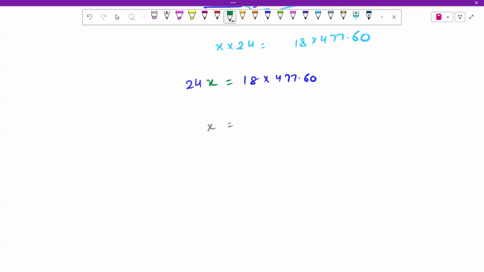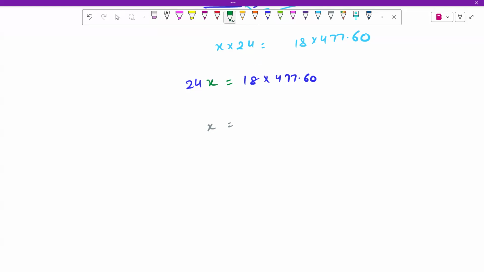So what should I write here? X is equal to what? Since you divide by 24, where should I write this term? You have to do that first, and then divide by 24, and then you get the answer.